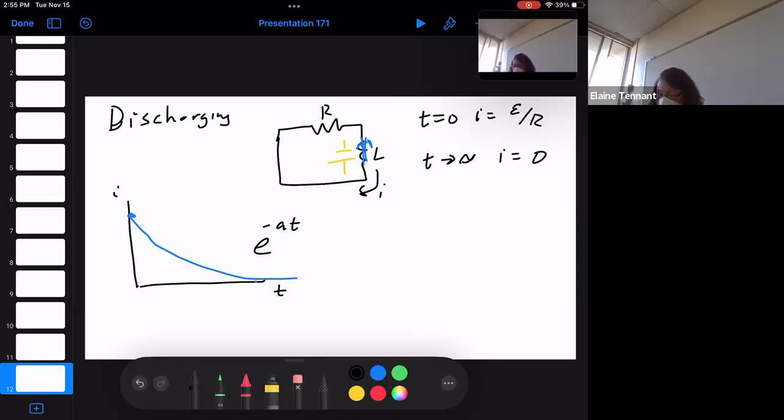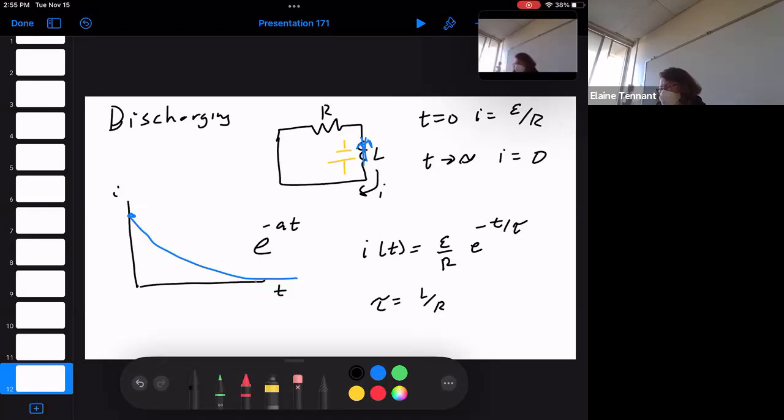And if you go through the math, that is exactly what you end up with. I'm just going to write it down. Where discharging, you get that, where tau again is L over R. Everyone kind of happy with this? Okay.